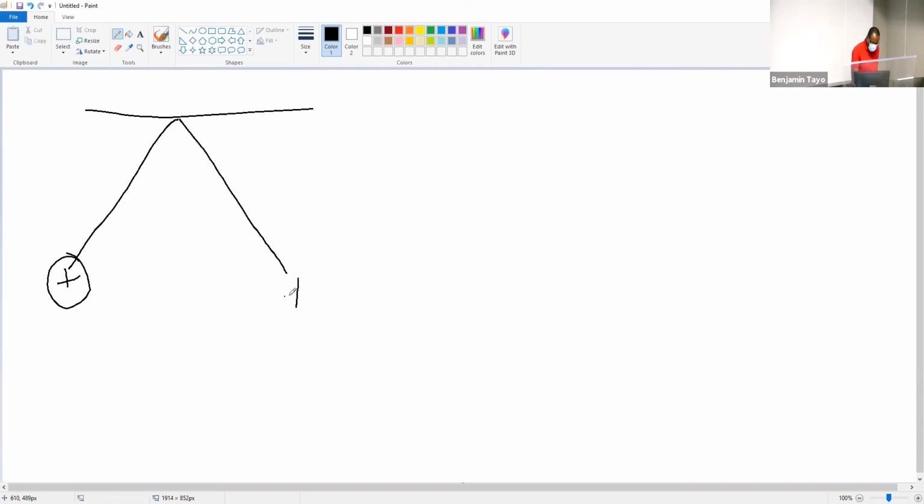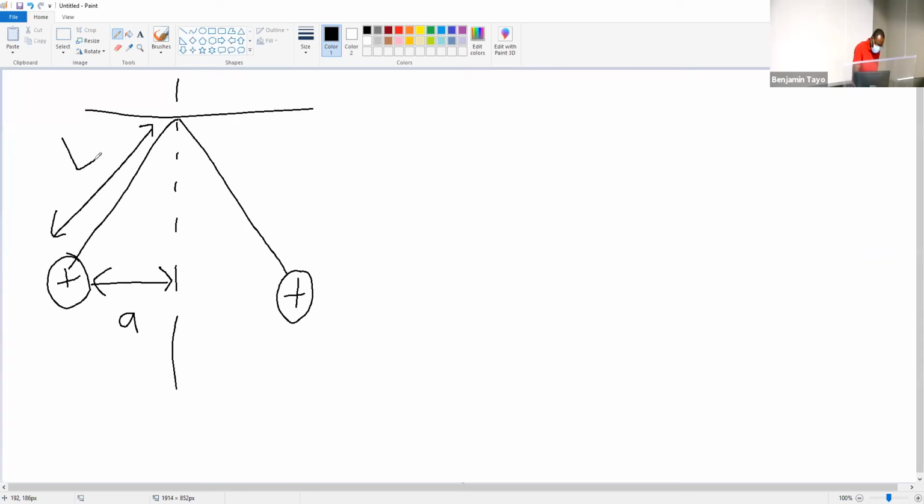And this is a positive charge. Then it tells me that the distance from here to here is A, and the length of this string is L, and this angle here is theta.